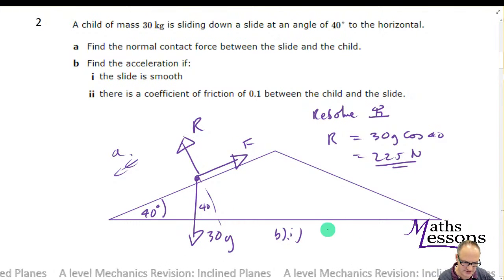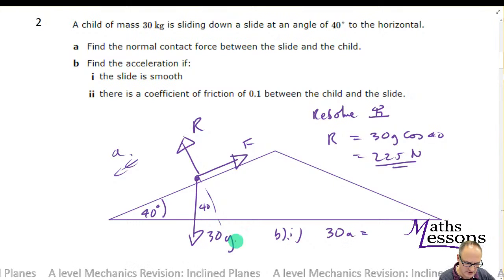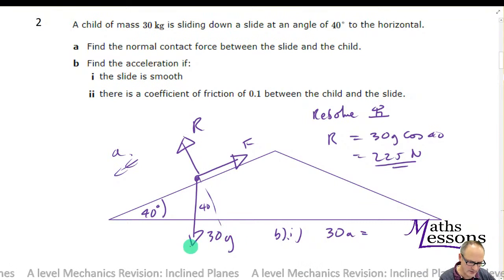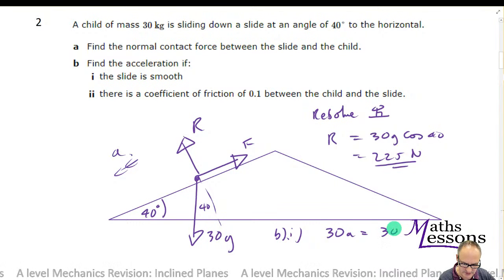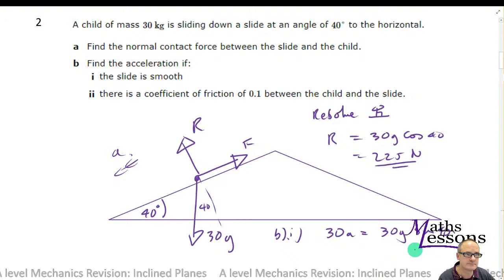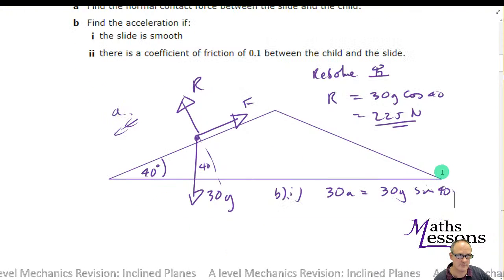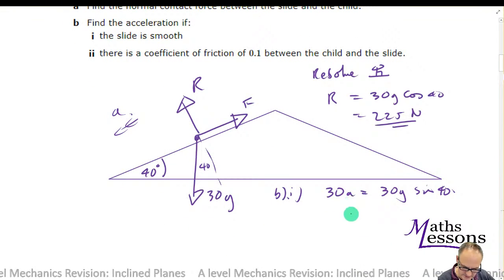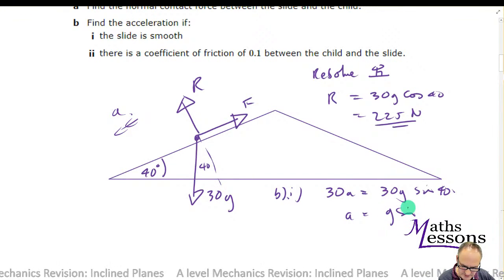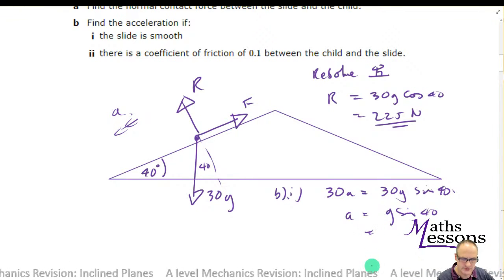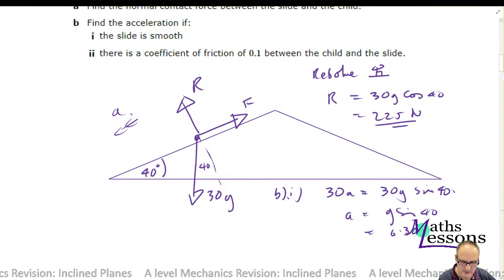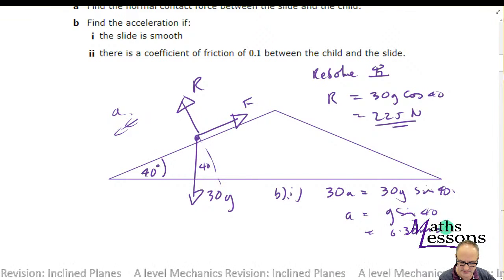So the mass times acceleration, 30 times A, will equal this component of the weight, so it's going to equal 30g sine 40. If we work that out, we get A equals g times sine 40, which comes out to be 6.3 meters per second squared.